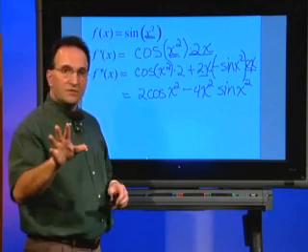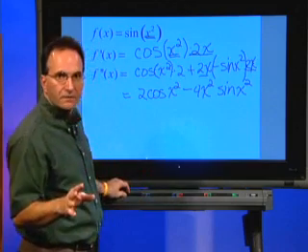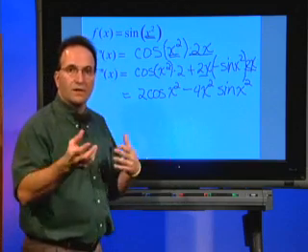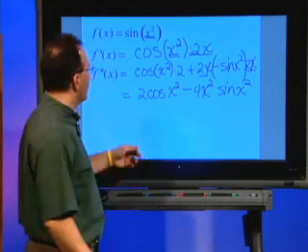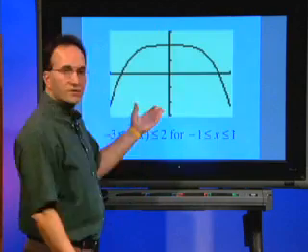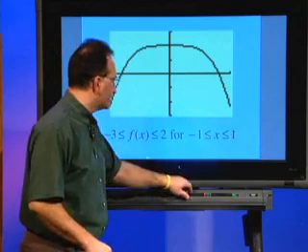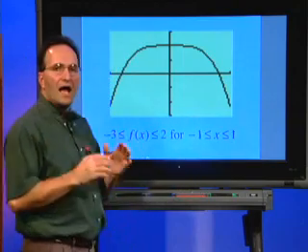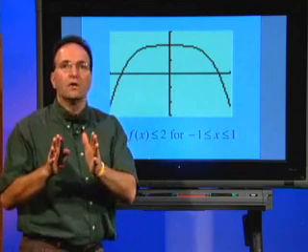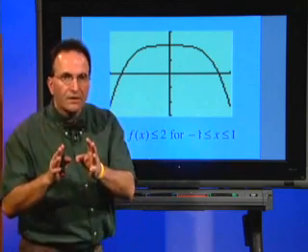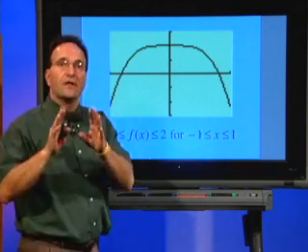Now, plugging this into the graphing calculator and using the window of -1 to 1 and -3 to 3, we come up with this graph right here. And so the point of it was to show that the absolute value of the second derivative was less than 3.